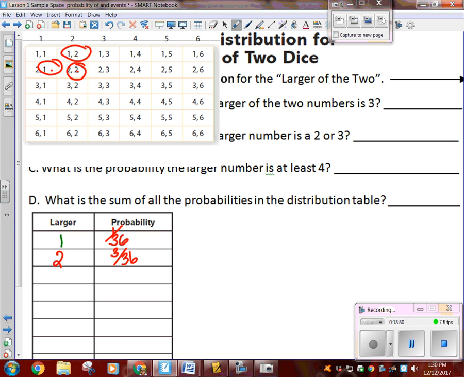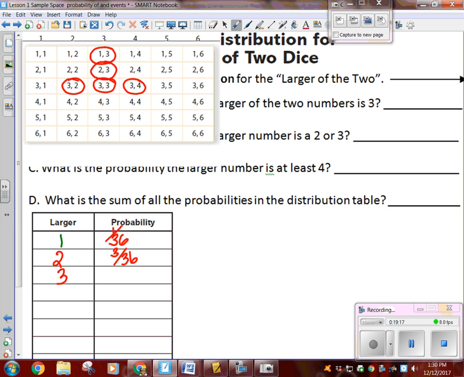And now, what's the next number? 1 could have been the largest. 2 could have been the largest. What's the next number? 3. How many times, if we compare numbers, is 3 the largest number? It's going to start getting bigger, isn't it? 3 and 1. 3 and 2. 3 and 3.